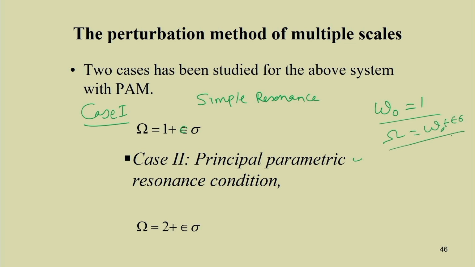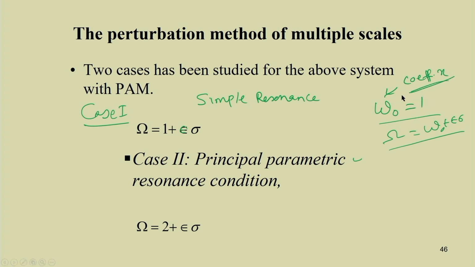So, in this particular case omega 0 equals 1. That is the coefficient of x, not the omega 0 term we have written there. So, this is the coefficient of x term, that is 1 in the non-dimensional form.